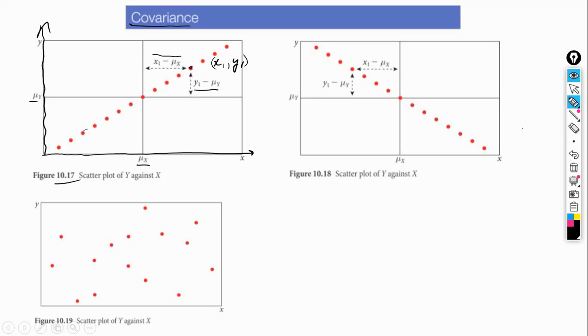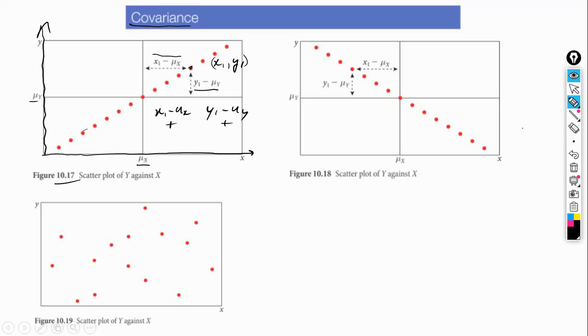Notice that in this case, x1 minus mu x is going to be positive because x1 is to the right of the average, and also this other deviation, y1 minus mu y, is also going to be positive.